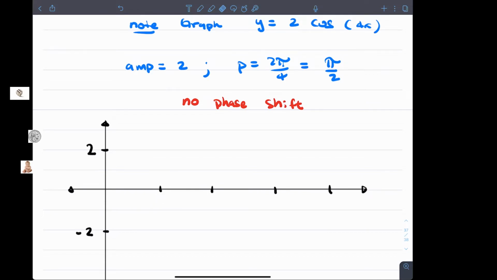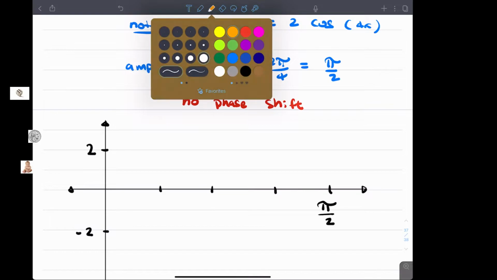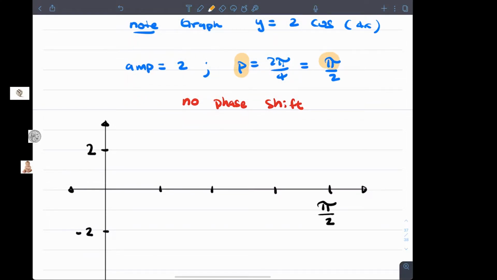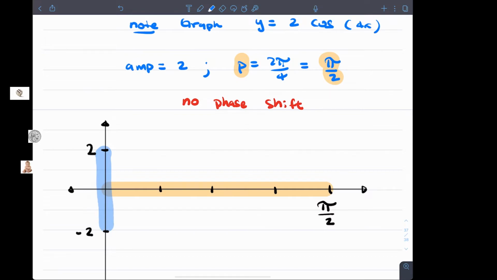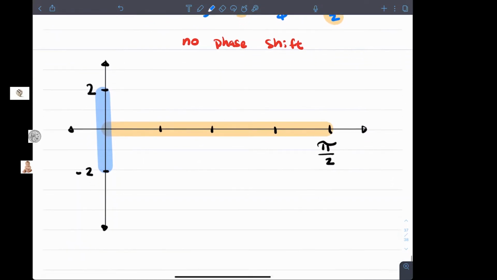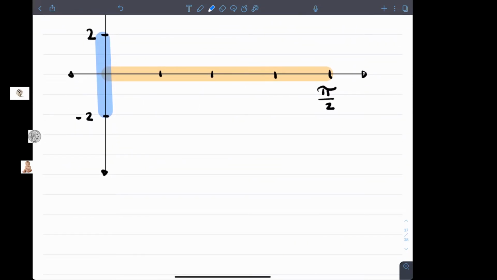What's the period? Pi over 2. Okay, because we're using this, right? Remember, we're using orange for period. It's the length of one cycle. All right, now, ladies and gentlemen, what is half of pi over 2?